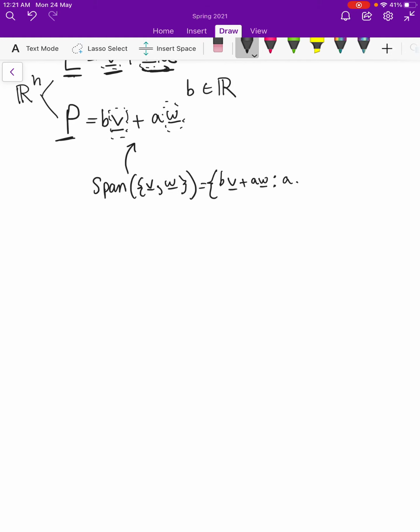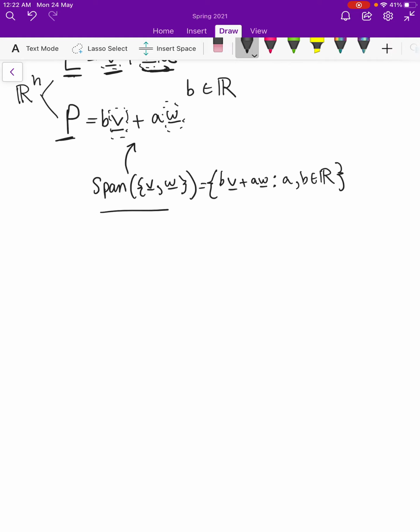And a and b are real numbers. Now this set, remember, defines a line, but this line is defined by the terminal points of these vectors, meaning where they point at in relation to the origin. So the terminal point is going to be where this arrow is for any vector.